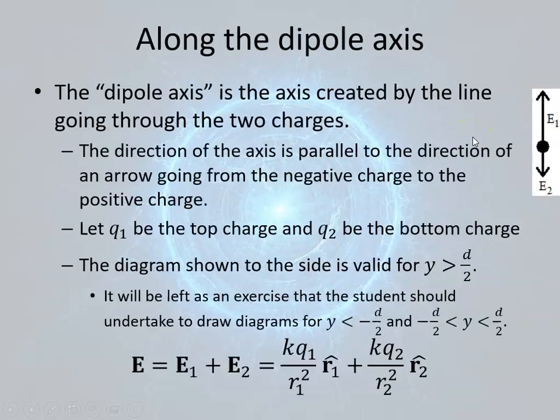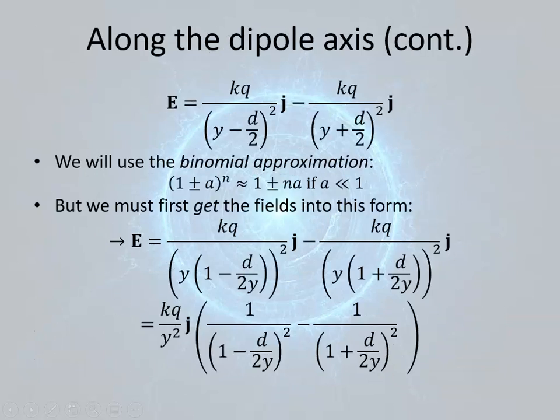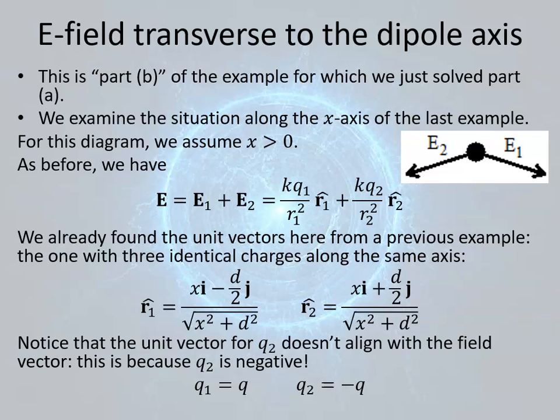So let me go back to our situation here. So here's your point on the positive x-axis. Well, the vector going from this charge is going to be xi minus d over 2, and the vector going from this charge is going to be xi plus d over 2. So it's similar to something that we've dealt with already.